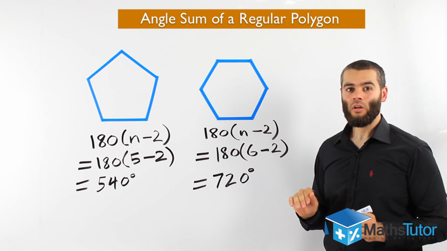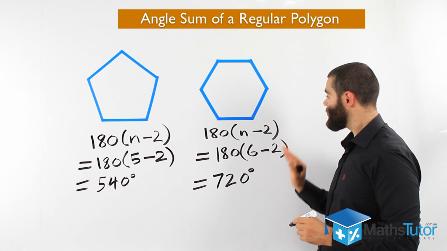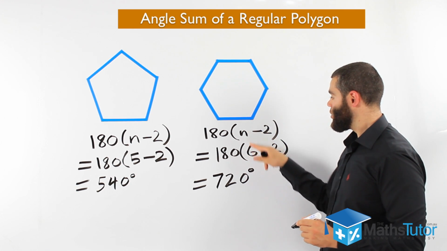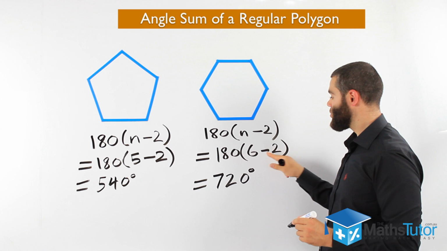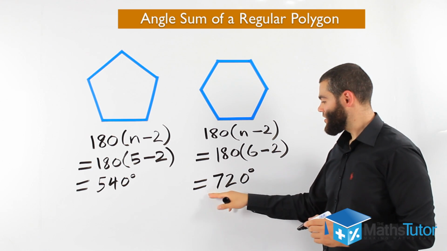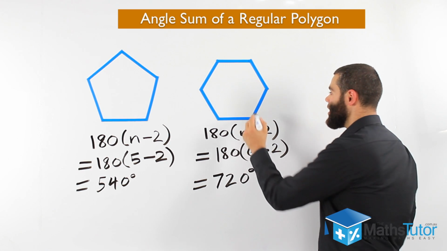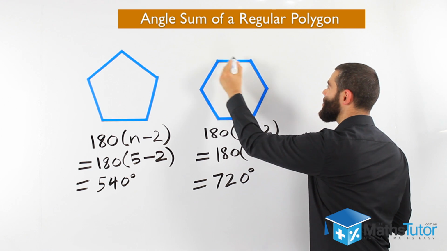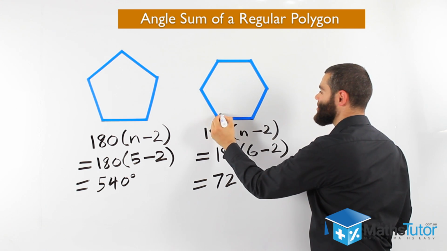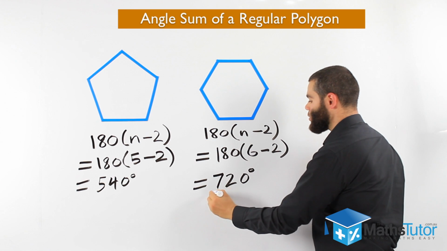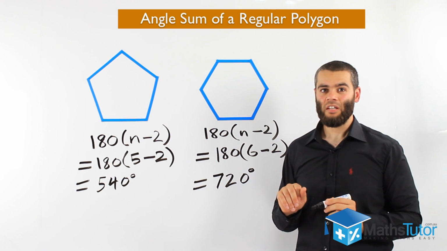We use our angle sum formula. As you can see, we know there are 6 sides. 6 take away 2, 4. 4 times 180, 720 degrees. Meaning this angle plus that one, plus that one, plus that one, plus that one, plus that one. The whole total will equal 720 degrees.